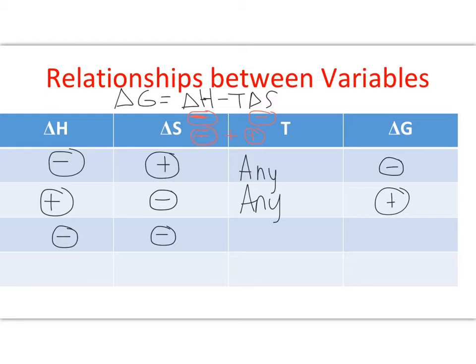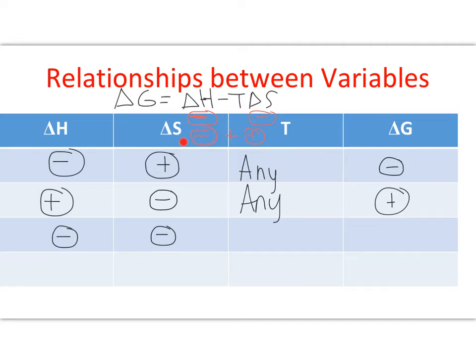And what you could have is a negative delta G, but the only way you would end up with a negative delta G overall is if the magnitude of the enthalpy is greater than the magnitude of the temperature times the entropy.